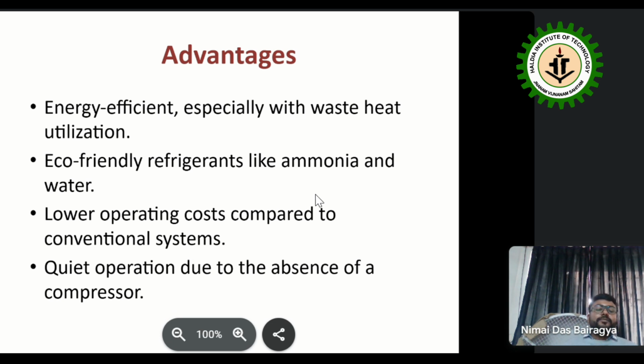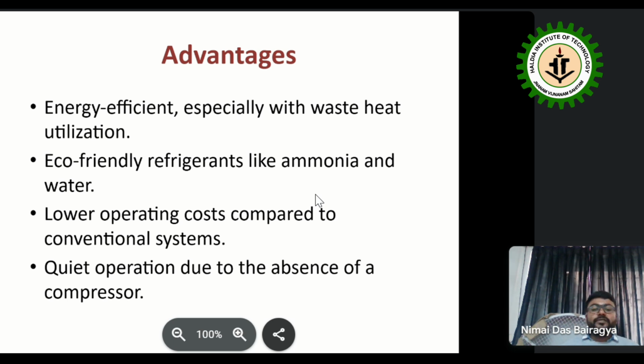Here are some advantages of this vapor absorption refrigeration system. At first, it is very energy efficient, and waste of energy is very low. Next, this is the main vital point. It is very eco-friendly, or environment friendly, or sustainable, because here we use ammonia water solution. This is not toxic, so this is very eco-friendly.